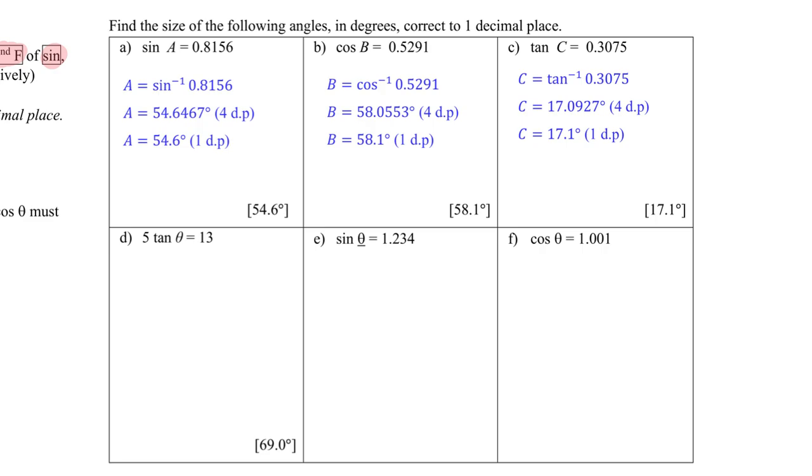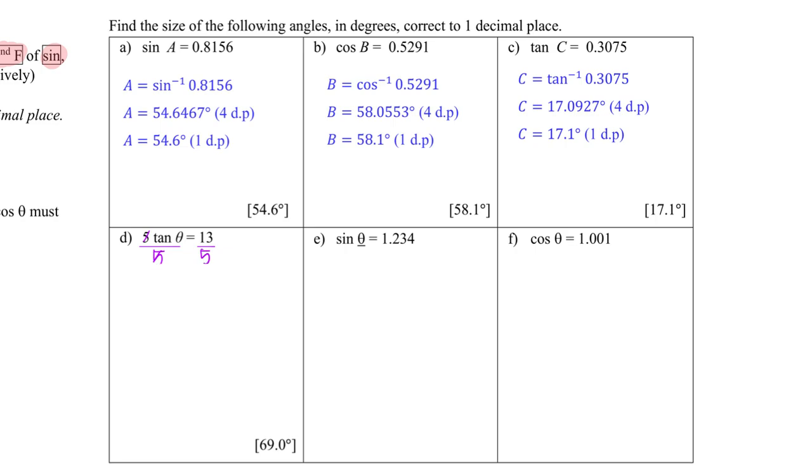Now for part D, we notice that it's 5 times tangent angle theta equals 13. So before we apply the inverse function, we do have to do a little bit of algebra by dividing both sides by 5 so that I can divide off the 5 here.